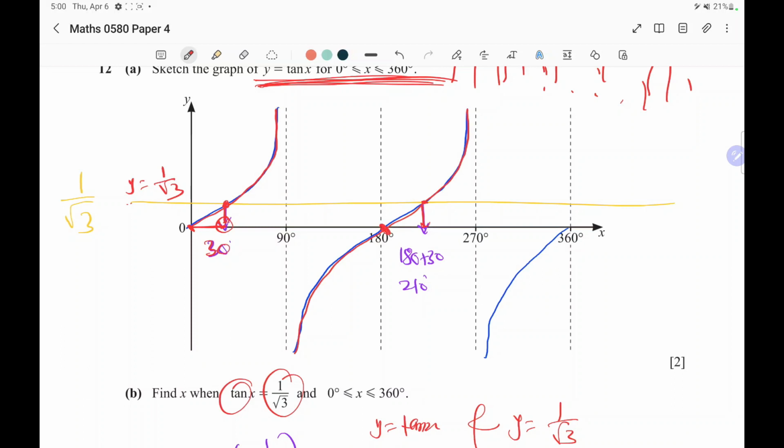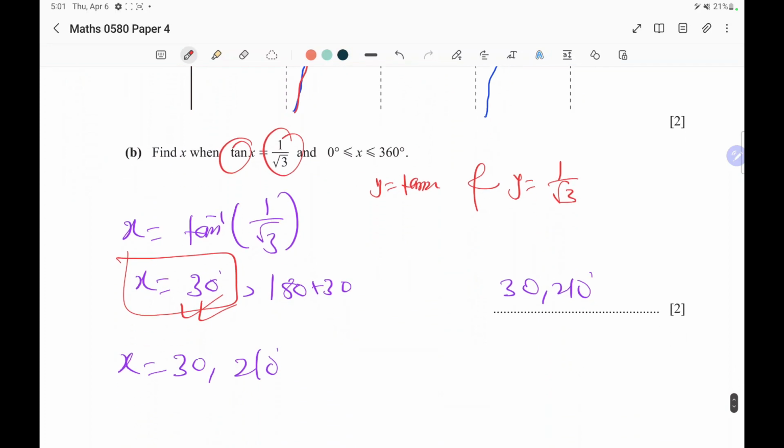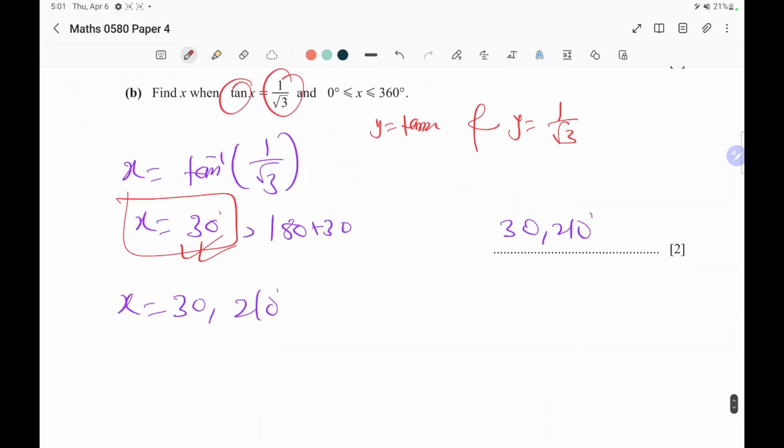It means from this point 180 to this gap it will still be 30 degrees. Now the first point is 30, but the second point will not be 30, because we always have to consider the point from the origin. If it is 180 with respect to the origin, this gap is 180 plus 30. So this will be 180 plus 30, that is 210. Okay, so 30 and 210.